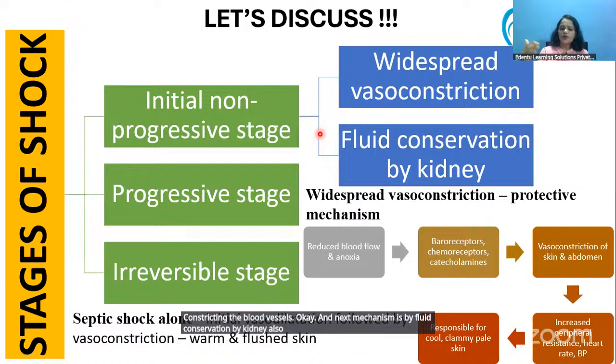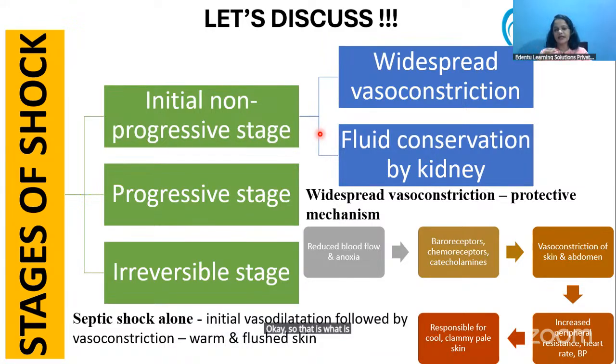Once these blood vessels are constricted, it will lead to increased peripheral resistance, increased heart rate and increased BP. That is what is responsible for the cool, clammy skin that you will see in hypovolemic and cardiogenic shock.